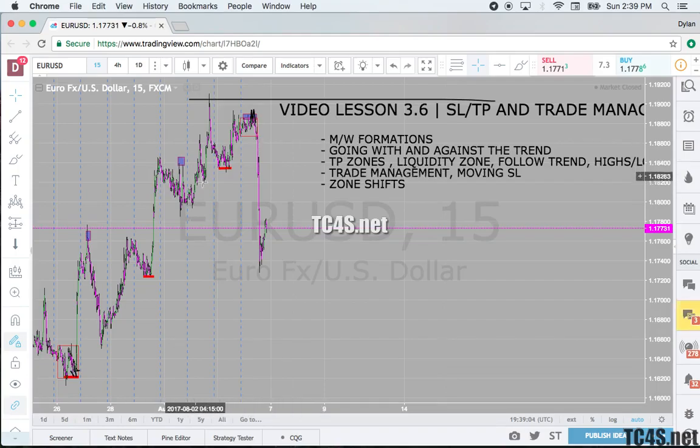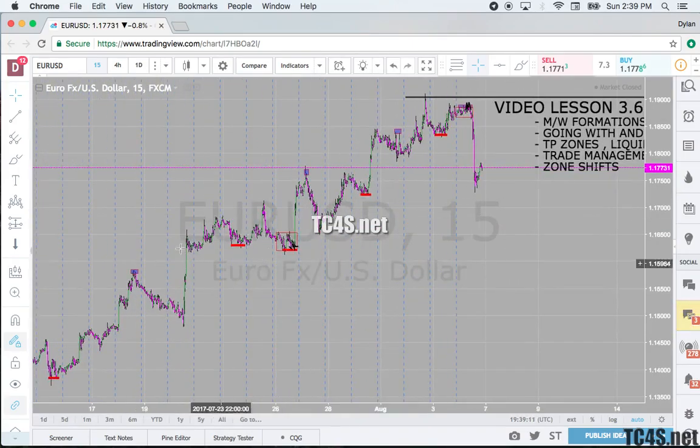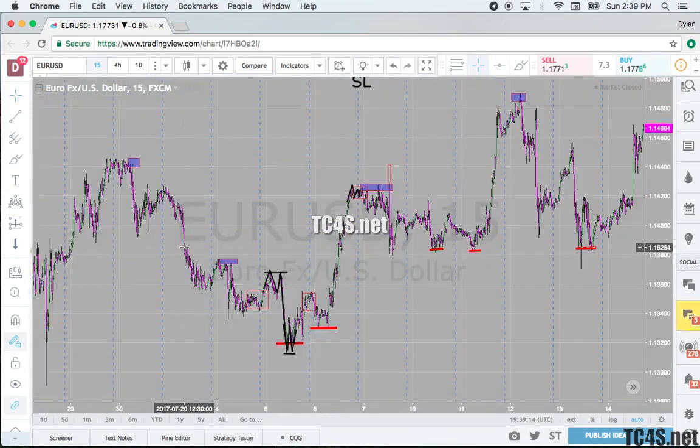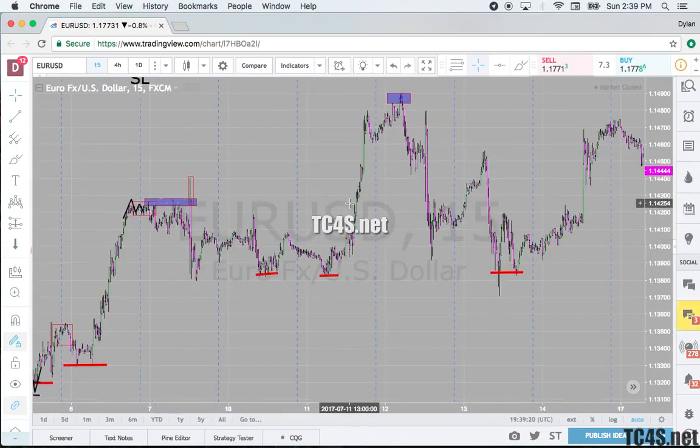Otherwise, going against the trend, 30 to 50 pips take profit, and stop loss varies for different pairs, but universal stop loss should not be more than 30 pips.